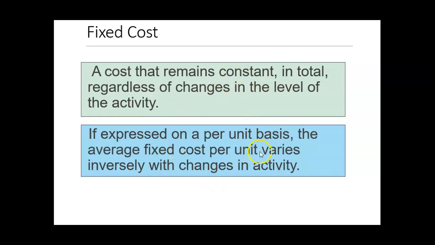However, based upon a per unit basis, if I produce 1 unit and my rent is $1,000, then my rent would be $1,000 per unit. But if I produce 1,000 units and my rent is $1,000, my rent cost now becomes $1 per unit. So the fixed cost does remain constant in total, but the fixed cost per unit varies based upon the change in the level of activity. That makes sense to you?